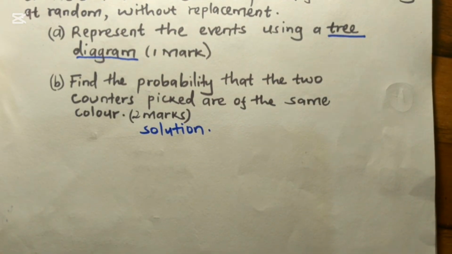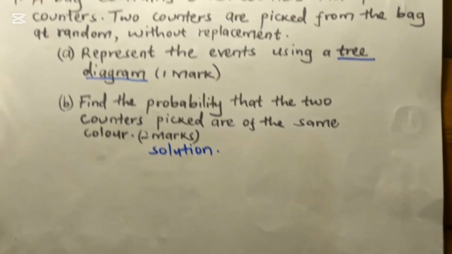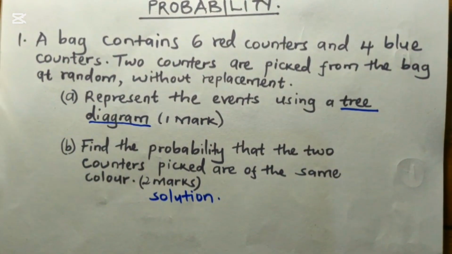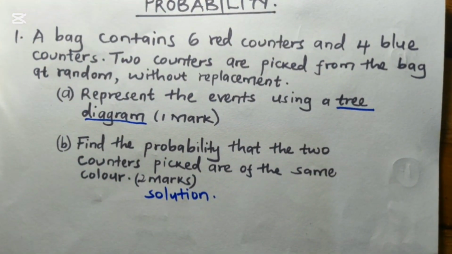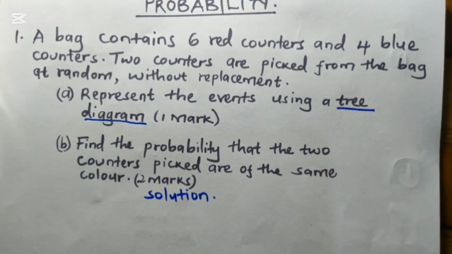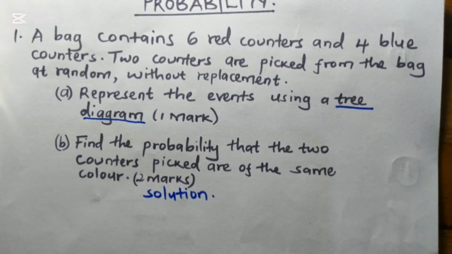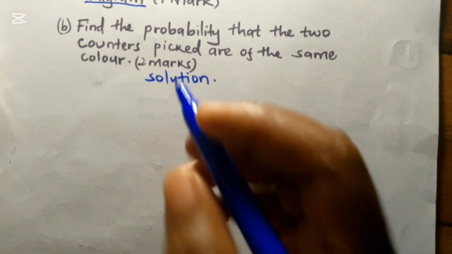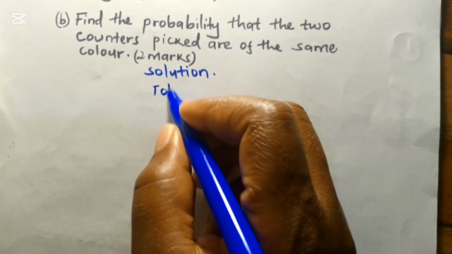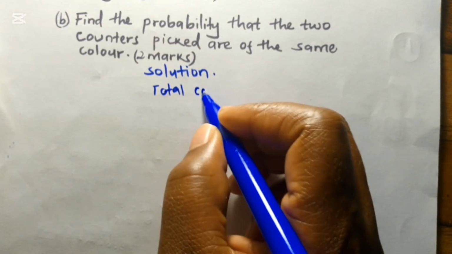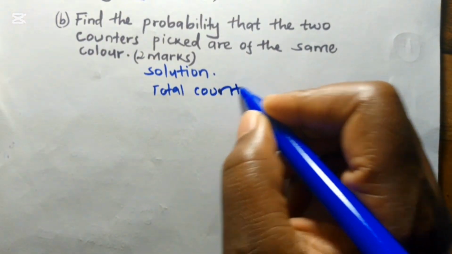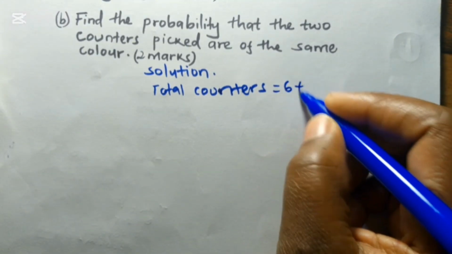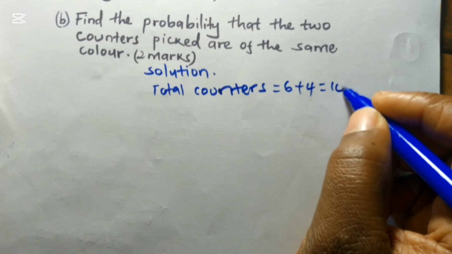So we are supposed to know the total number of counters in that bag, which is 6 red plus 4 blue counters. So we have a total of counters, which is 6 plus 4, which is 10.